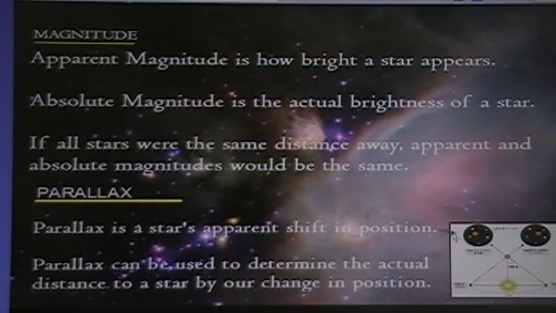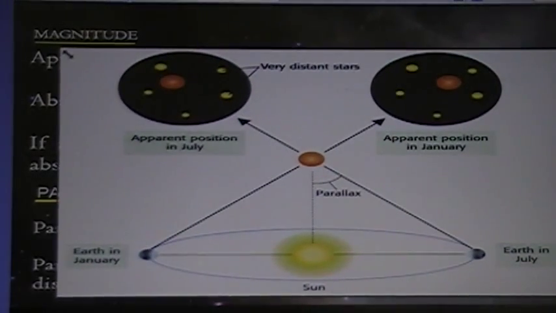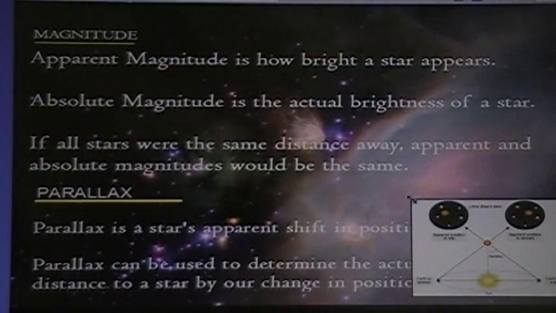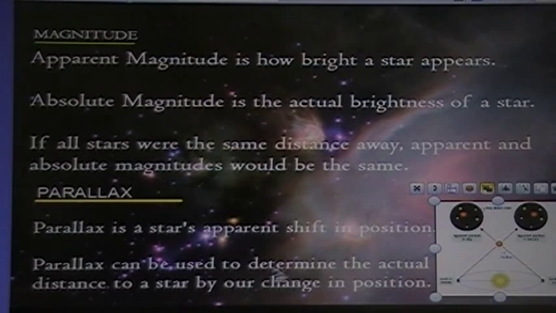If we take a look over here at this image, we can see that where we're at, according to our Earth in January on this side over here, we can draw a straight line to an apparent position of a star location here, and then as it rotates around to Earth in July, we can also create another triangle using the sun as our center point, and we're able to take this angle right here called the parallax, and that is going to give us, in many cases, the Pythagorean theorem and a mathematical equation that gives us the distance. And yes, we do use math in science, especially in astronomy.